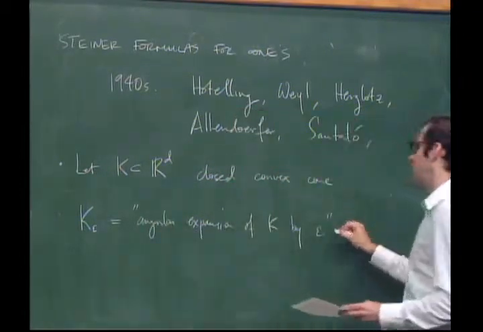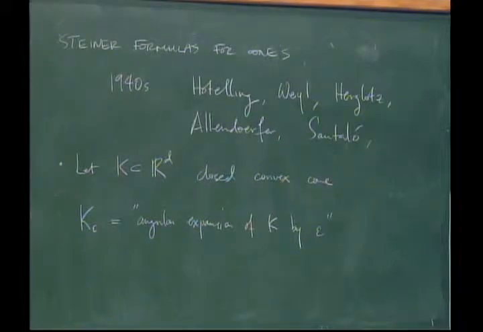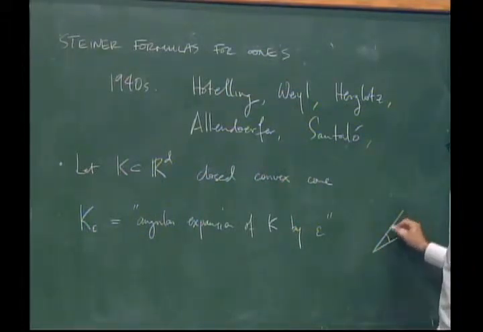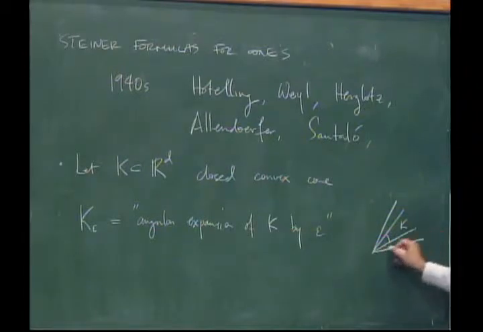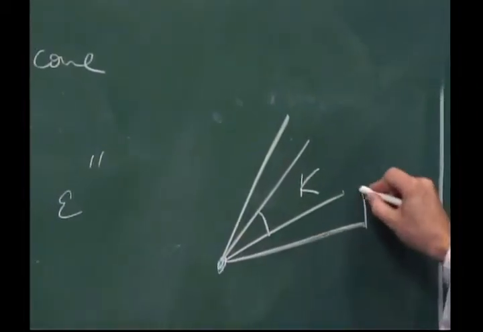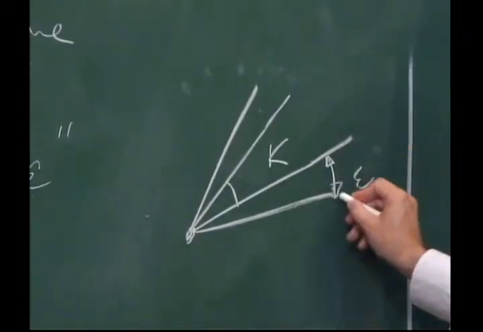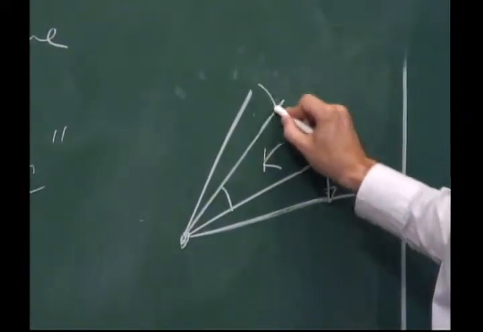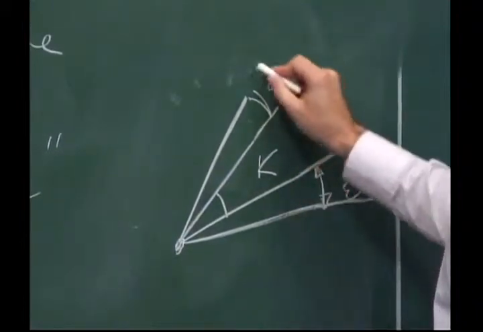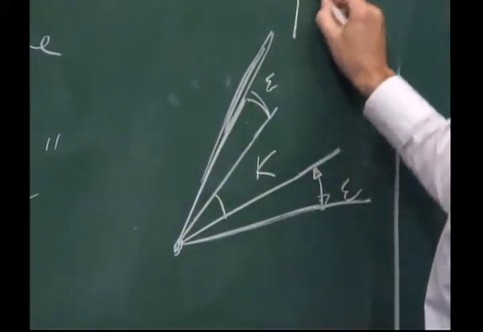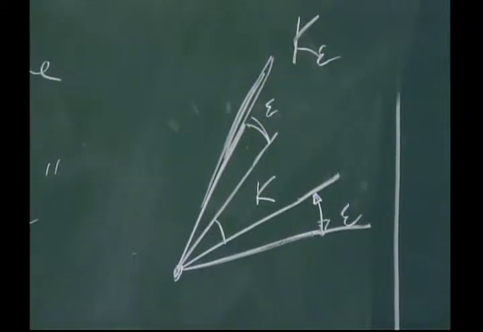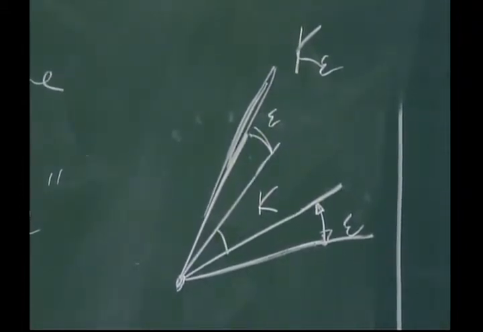I'm not going to define this precisely. It basically just means move away from the edge of the cone by an angle epsilon. The cone will get bigger, and the larger cone here I'm designating by the symbol K epsilon.